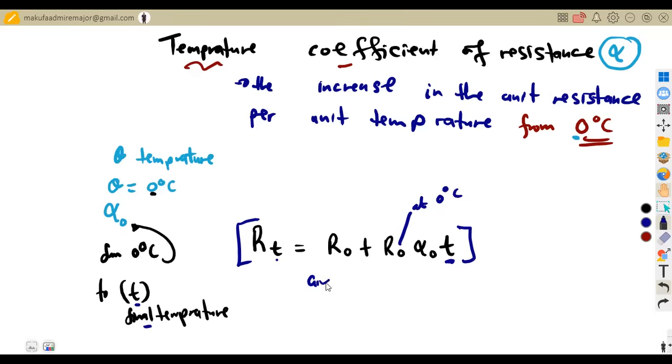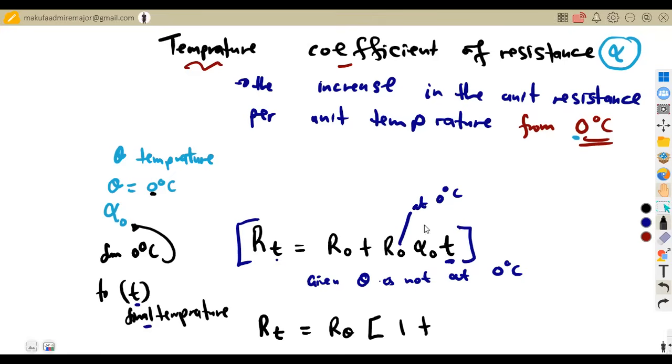So given a condition now that our temperature theta is not at 0 degrees Celsius, it is starting at another value, at another particular temperature, we are going to have our formula this time given as RT is equal to R theta into 1 plus.